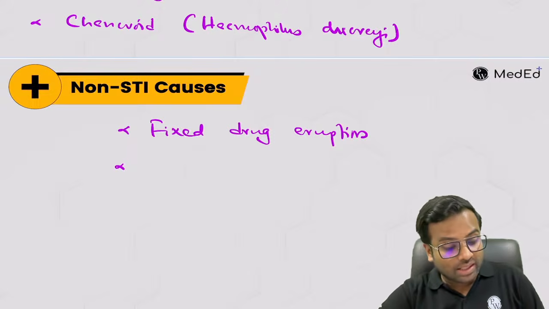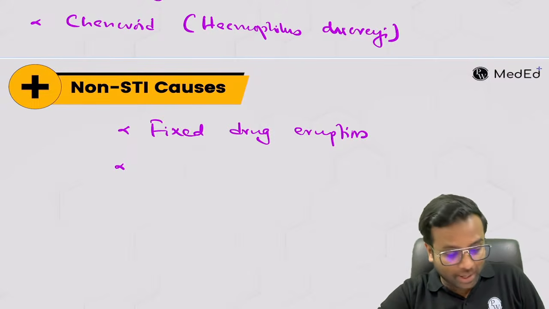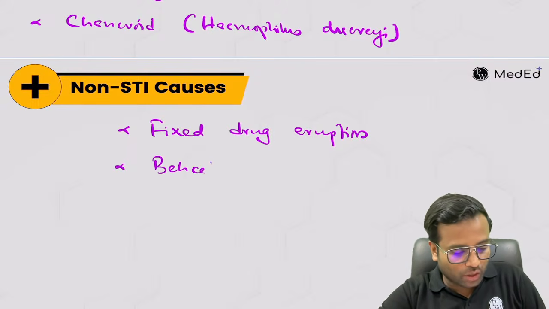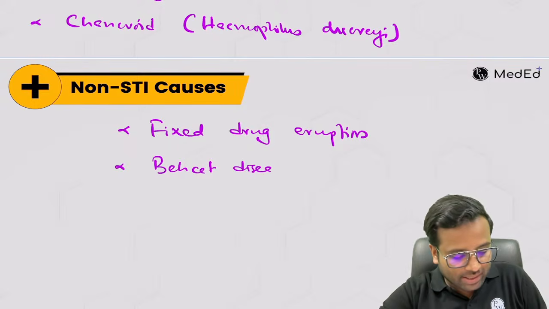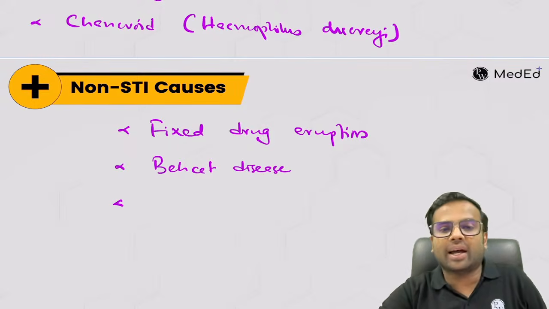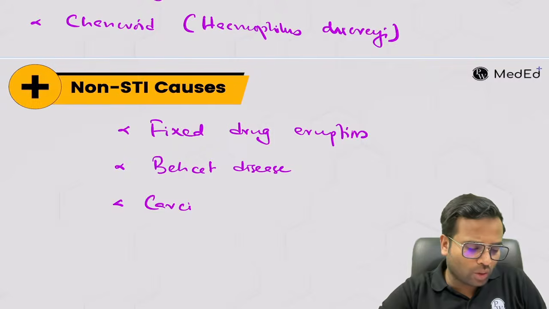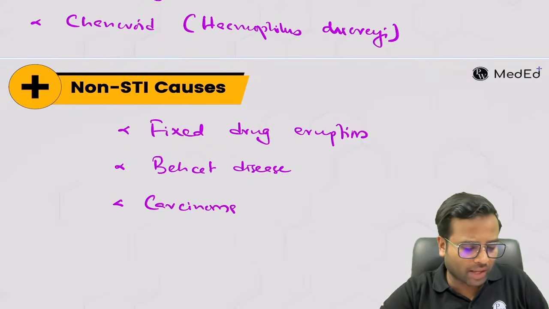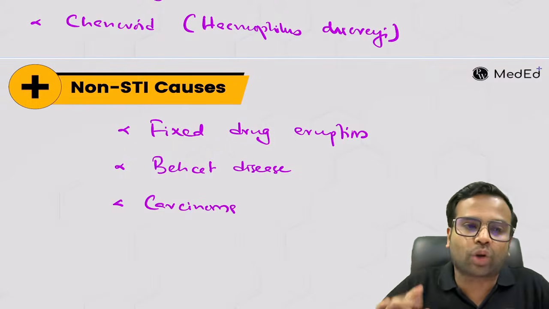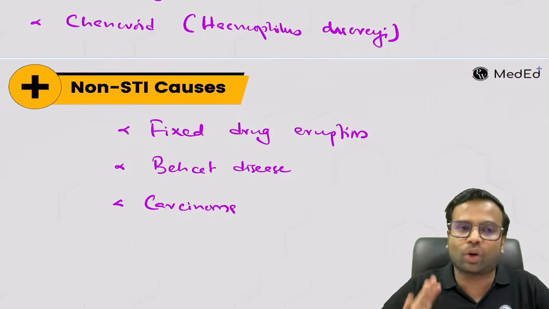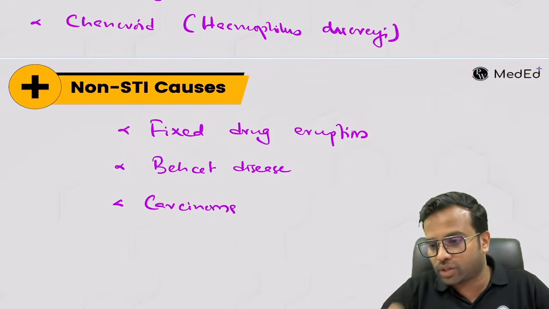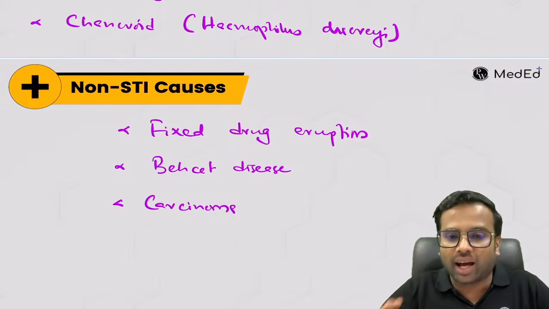Yeah, this one should be Behçet's disease. And sometimes it can be due to carcinoma as well. So these are some of the causes, sexually transmitted and non-sexually transmitted, of genital ulcer disease.